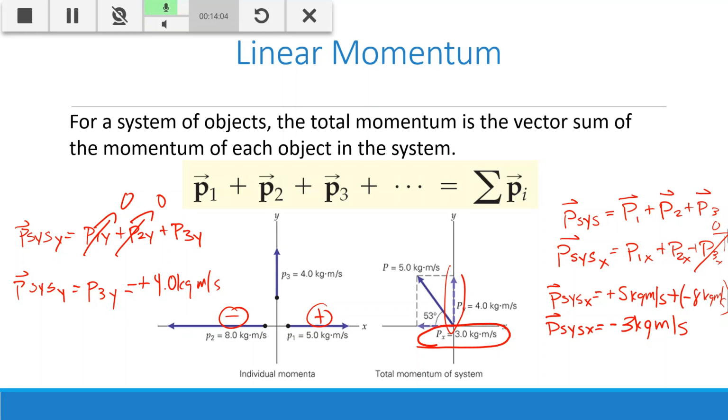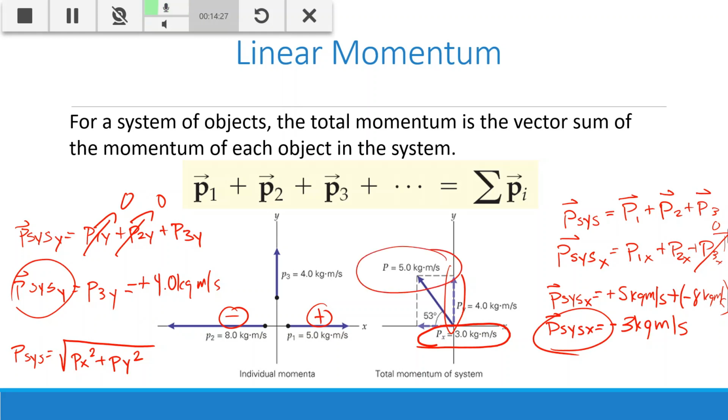And then for the momentum of the system, we can, of course, use the Pythagorean theorem to relate those. So the magnitude of the momentum of the system is going to be the square root of Px squared plus Py squared. There's our P system x and P system y. And when you do that, it's basically a 3, 4, 5 triangle. So the net momentum of the system is 5 kilogram meters per second.